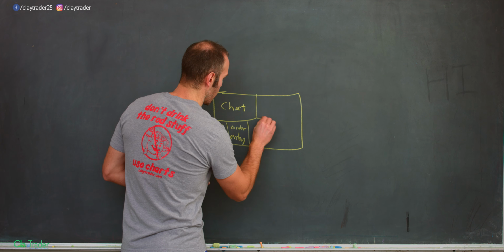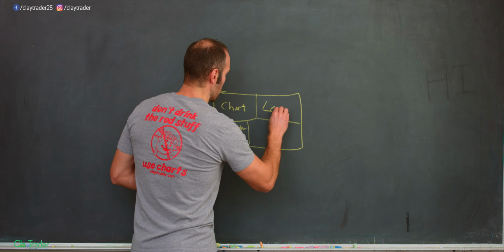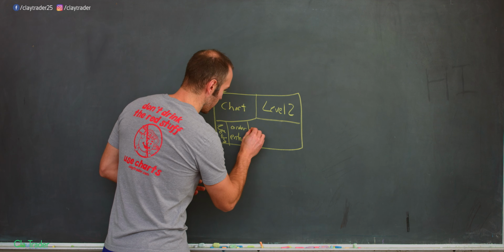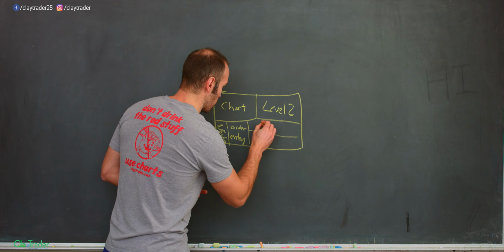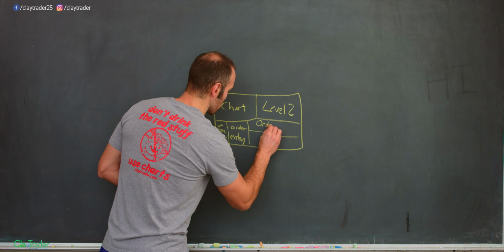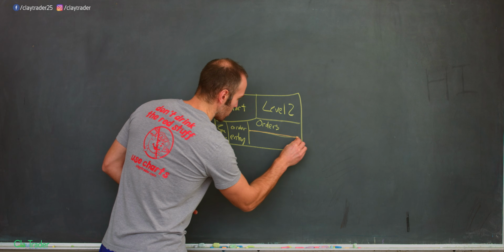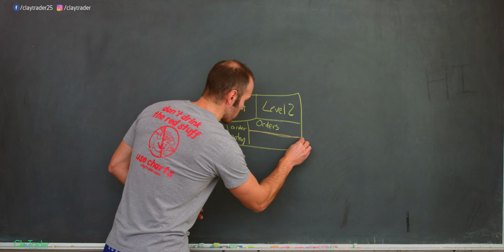And then over here, we have the level 2. And then down here, this is split, and here we have my orders. And then this right here, poor choice of colors. There we go.